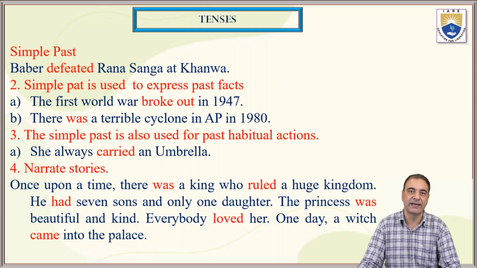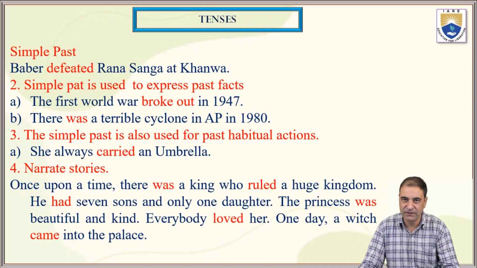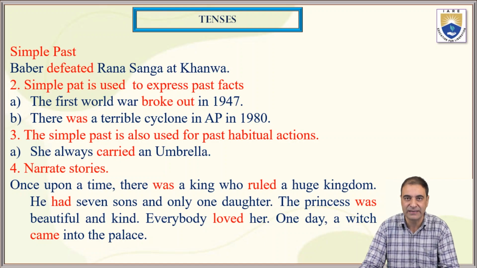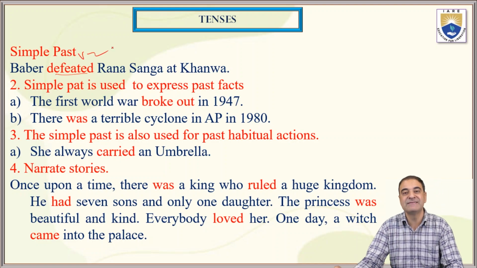We know both these characters, Babur and Rana Sanga, were historical figures, and this battle was fought between these two characters at a place called Kanwa. We know the context of this sentence. And here the meaning is implied. We understand that it occurred in the past. That's why we use defeated, and here defeated is the verb in second form.